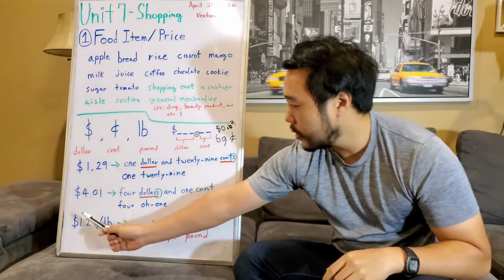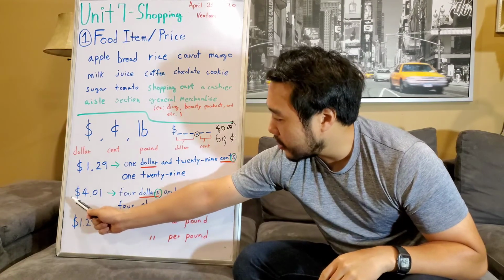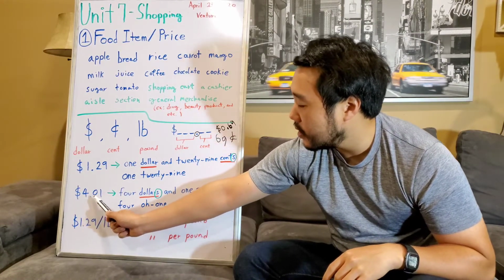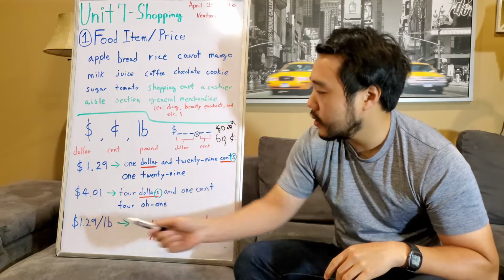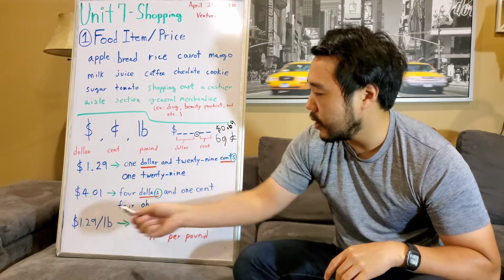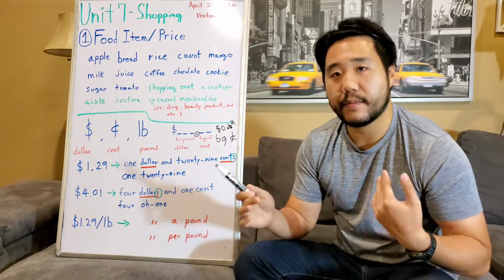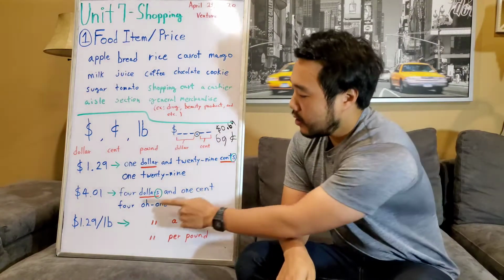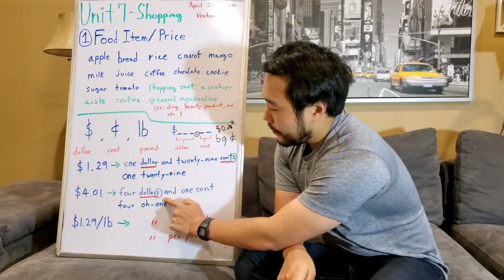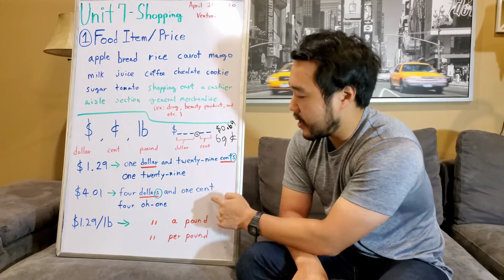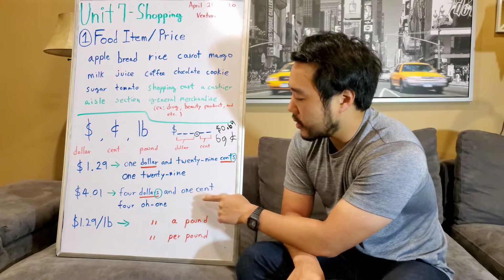So another example here, this is a dollar sign, 4.01. Same thing. So we say the dollar first. $4.01.